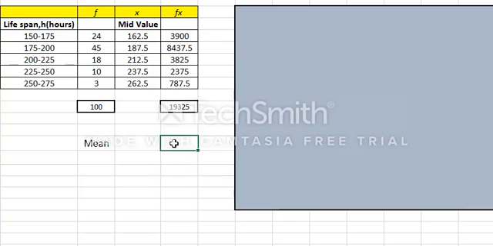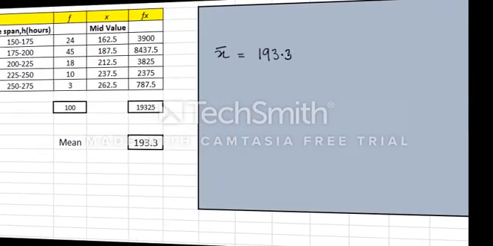Alright, now we know mean is going to be equal to summation fx divided by summation f. So that brings us to the answer that the mean in this case, x bar as it is normally denoted, is equal to 193.3.